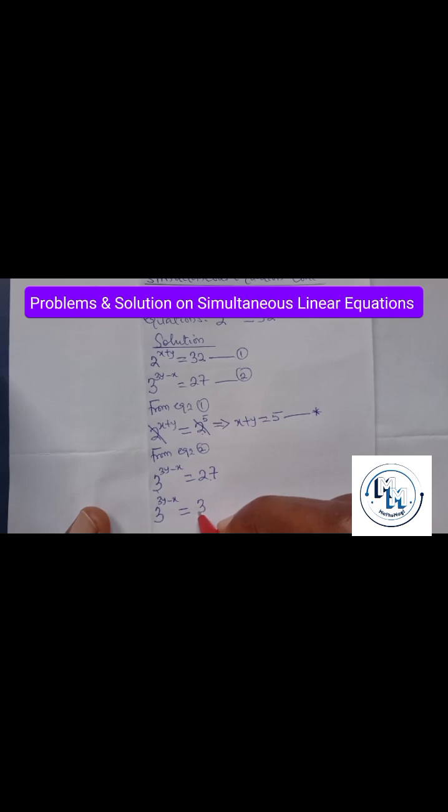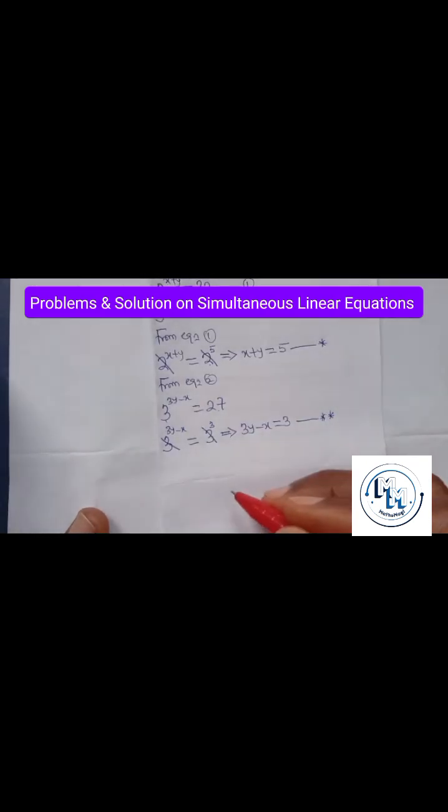Now is there a number I can raise 3 to give 27? Of course, to power 3. This is equal to 27. So I cancel out this. I'm left with 3y minus x equal to 3. This is my new equation 2. Is that okay? Now let's continue.